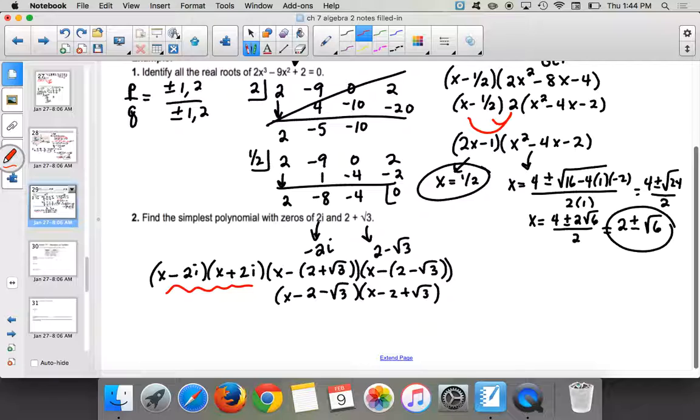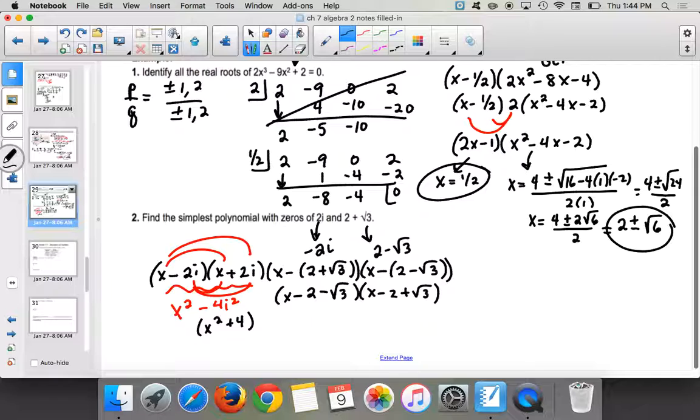Anybody know it? Greta? x squared plus 4. Not 4i though, 4. Do you remember x squared plus 4 will have answers of 2i and negative 2i? If you weren't sure, you FOIL it out. You get x squared plus 2ix minus 2ix, so it goes away, minus 4i squared. So that becomes x squared plus 4. i squared is negative 1.